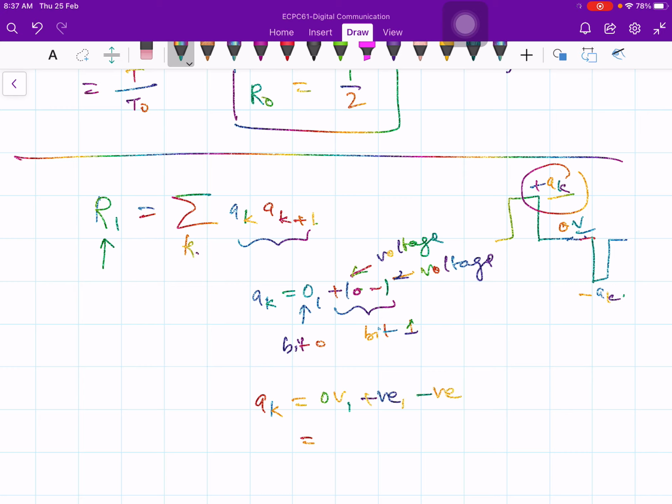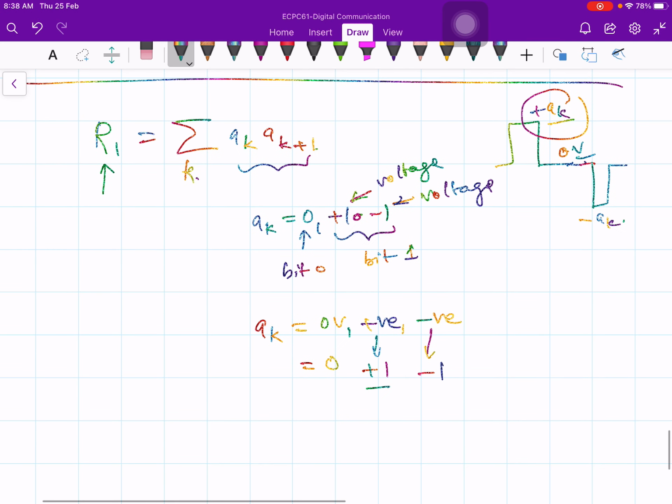The 0 voltage, let me denote it by 0, and positive voltage by plus 1. It's an assumption. You can choose plus 5 volt or plus 10 volt, whatever it is. To make life simple, we are assuming plus 1 here and minus 1 here. Therefore AK can take values 0 or plus or minus 1.